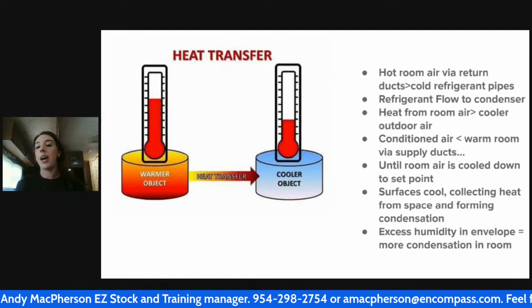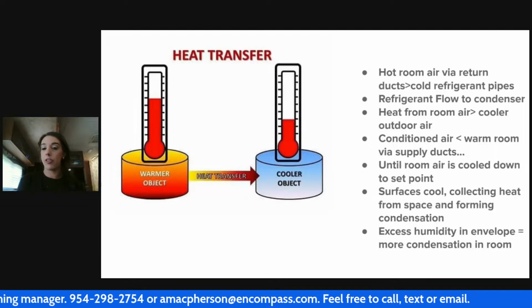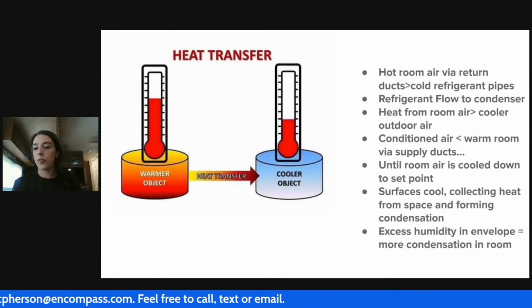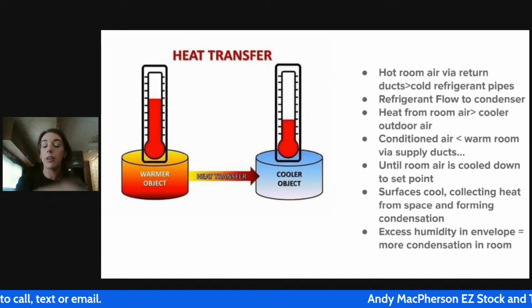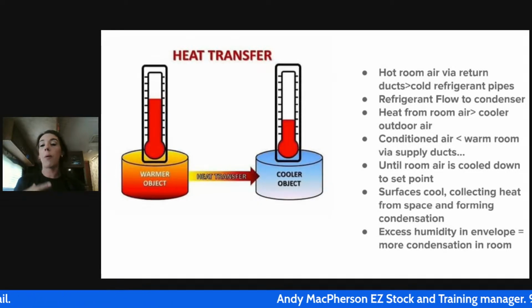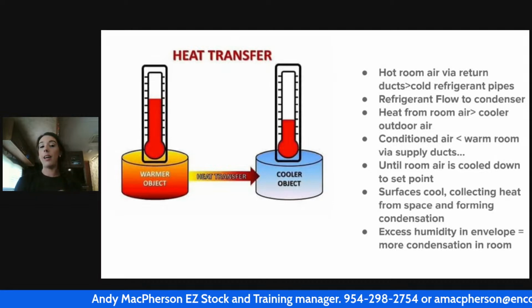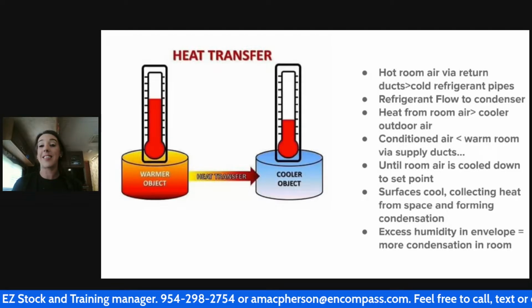So if I have 85-degree air and it's being passed via the return over the heat exchanger, in this case, that's going to be the indoor coil. If the indoor coil is 40 degrees, it's going to transfer that heat to that coil, to the copper and into the refrigerant. So that heat that's coming in from the room is going to naturally have less heat.